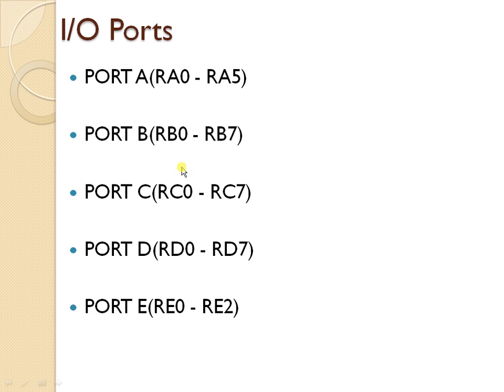In the same way, for port B we have RB0 to RB7, RC0 to RC7, RD0 to RD7, and RE0 to RE2. All of these are bit addressable, so I can directly use this name in my embedded C program, like RA0 equals 1. Let us see all those things.